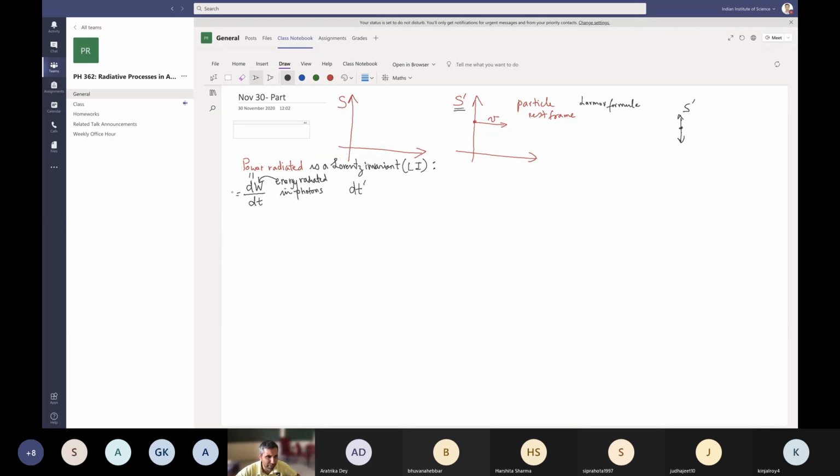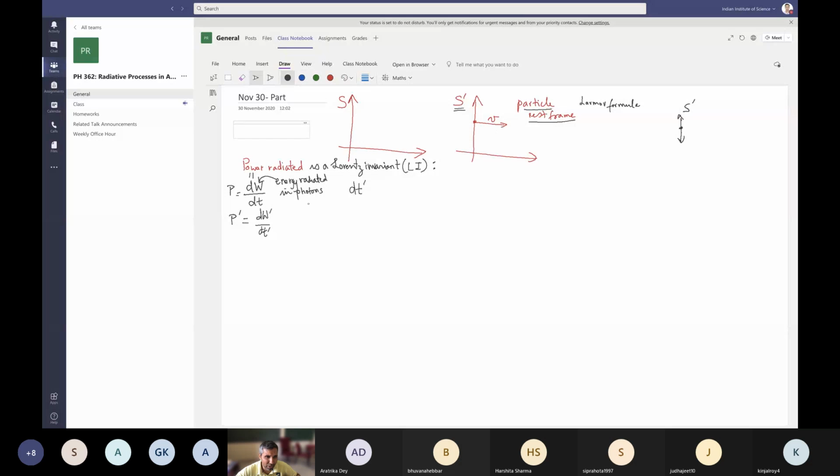So this is power P as measured in frame S, and P prime is the power as measured in frame S prime. It's just dW prime by dt prime. We know that S prime is the particle rest frame, so don't forget this.